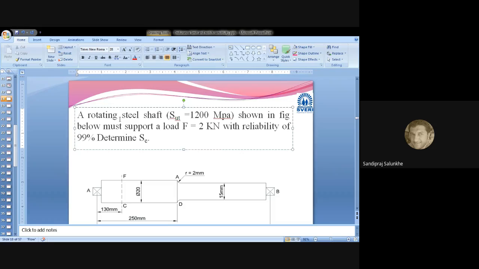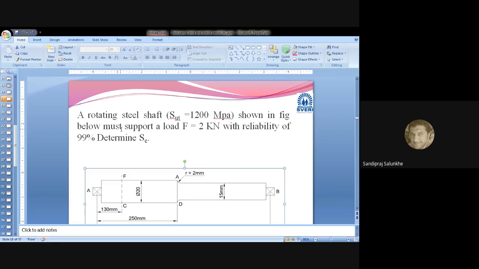Now you should be ready with pen, paper, and calculator. Only one statement has been given, which is a very simple one: a rotating steel shaft, having ultimate tensile strength of 1200 megapascal, that is Newton per millimeter square, and the diagram of that shaft is given. It must support a load F equal to 2 kilonewton with reliability of 99%.